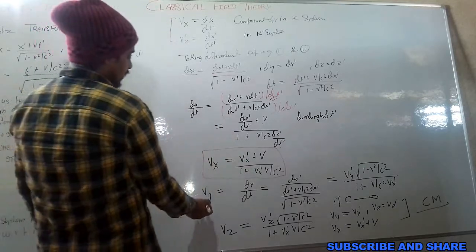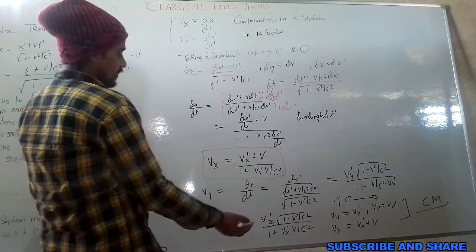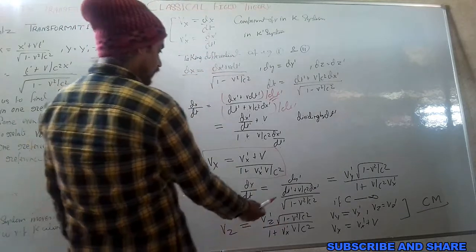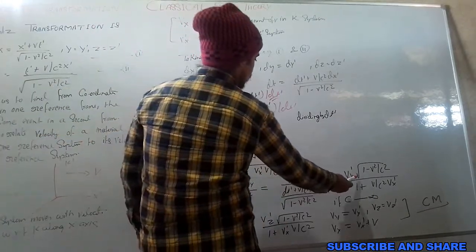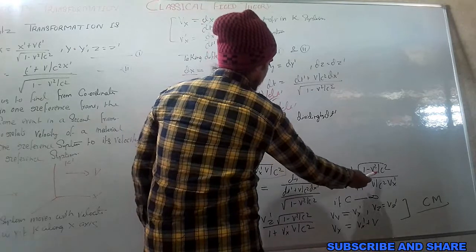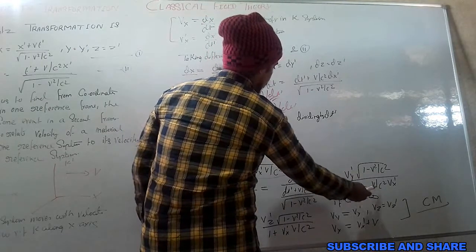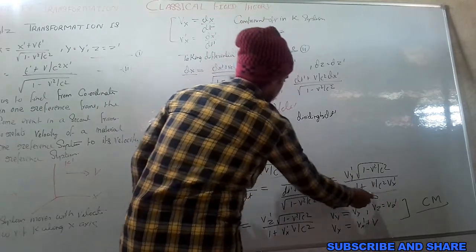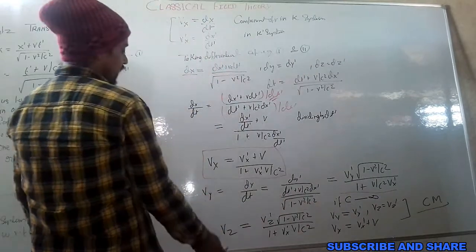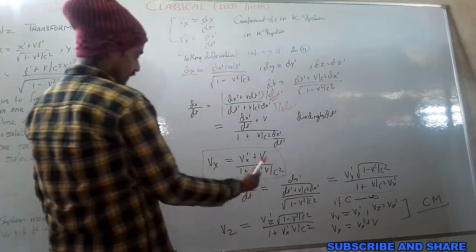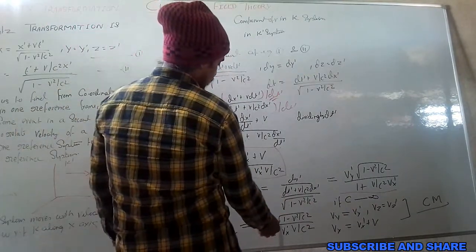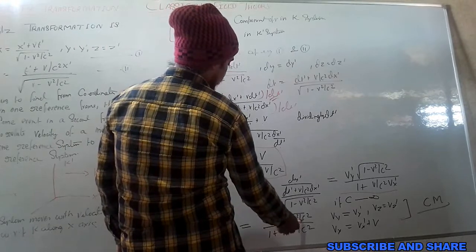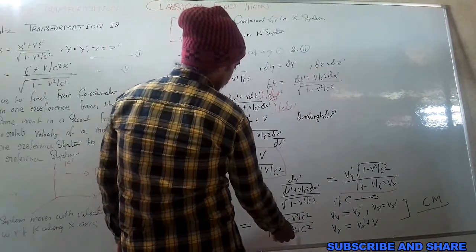Again, Vy is equal to dy by dt, and it will simply become Vy dash root 1 minus v square by c square divided by 1 plus v by c square Vx dash. This is for Vy, and for the z component the same thing: Vz dash root 1 minus v square by c square divided by 1 plus Vx dash v by c square.